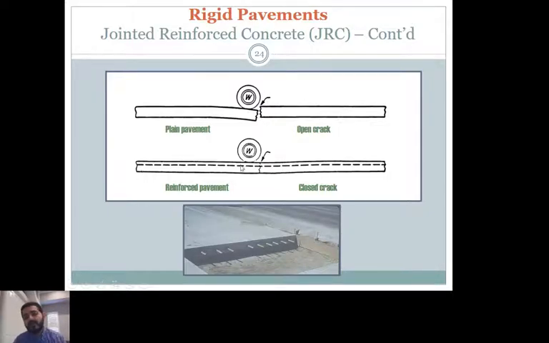While if I have some reinforcement, as you can see in this picture here, this is a reinforced pavement. Now I have a crack, but that crack is closed. Therefore, this slab and this slab here are going to feel half of the weight of that wheel. So let's say that wheel has 2,000 pounds. This part is going to feel 2,000 pounds, and the unloaded part is going to feel another 2,000 pounds, simply because we have reinforcement and there is good load transfer between the two sides.